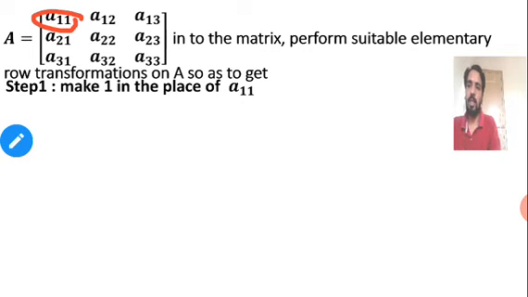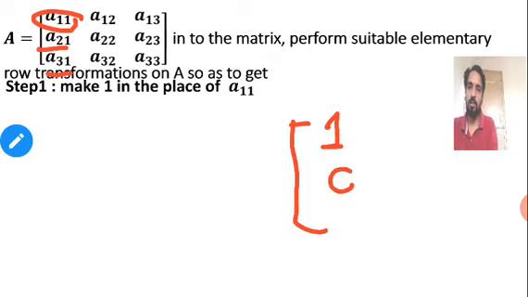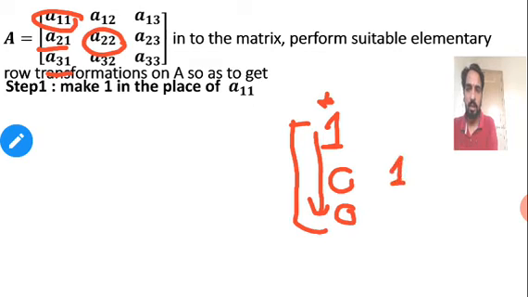After making A11 equal to 1, the next step is that A21 and A31 are converted to 0, so after making this 1, the entries downwards become 0. After that, A22 we convert to 1, and then A12 and A32, above and below that 1, become 0.